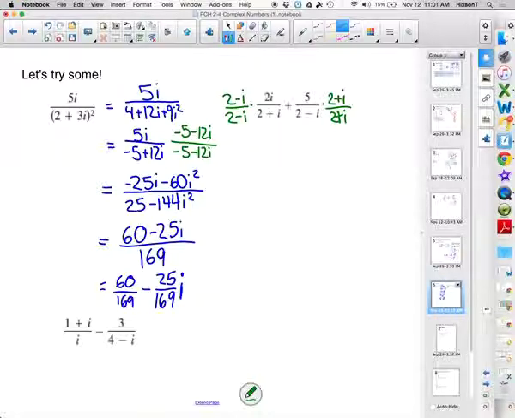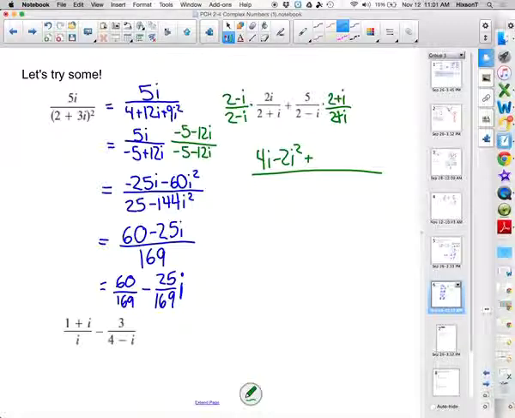Whether you're thinking about getting a common denominator or using conjugates, in this case you would do the same thing. Okay? Getting a common denominator, you'd multiply the two denominators together anyways. But what we have here then is 4i minus 2i squared. Since they're going to have a common denominator, I'll just put them all over the same thing.